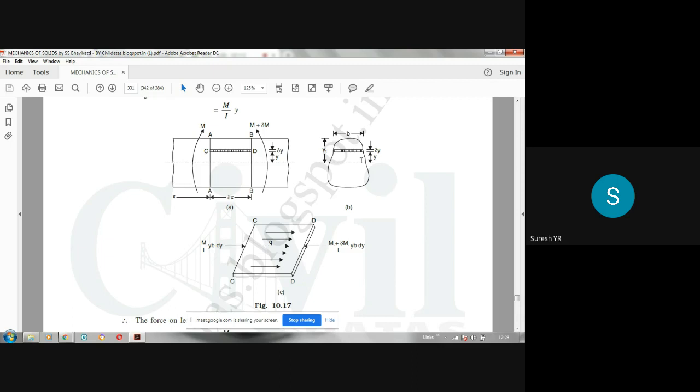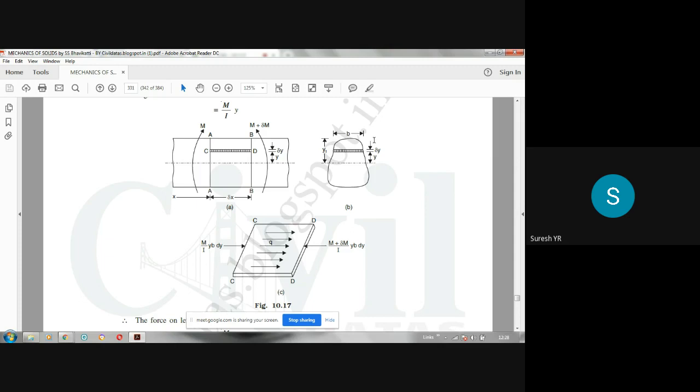That is why an arbitrary section like this is given. If you vary the value of y, your shear stress also will vary. Even though shear force is constant, shear stress will vary at different depths. So here the shear stress is different, here it is different.